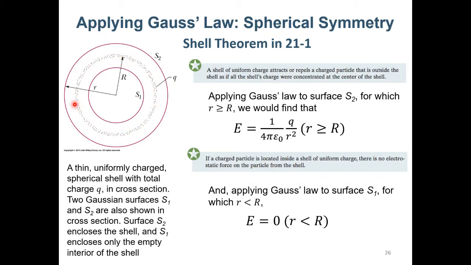You can assume there is a shell here, so all the charge is distributed here, and we assume a Gaussian surface S2, which has a larger radius, small r, than capital R. That's why I mentioned uniform is important, because as long as this is uniform, we have spherical symmetry.